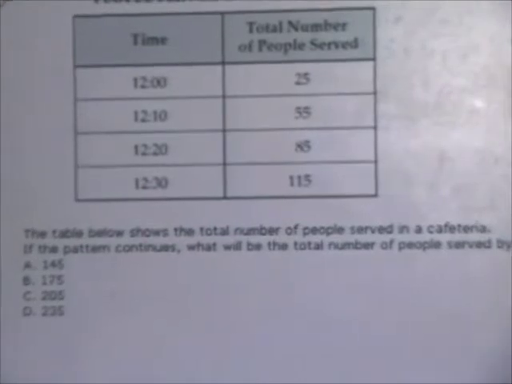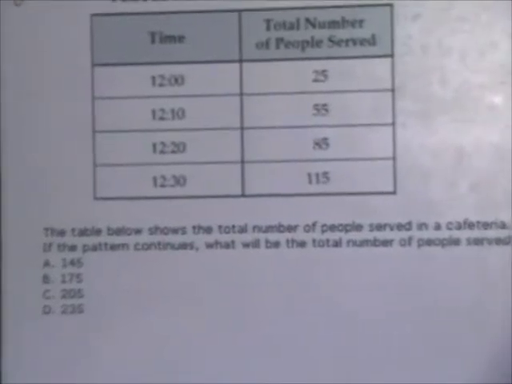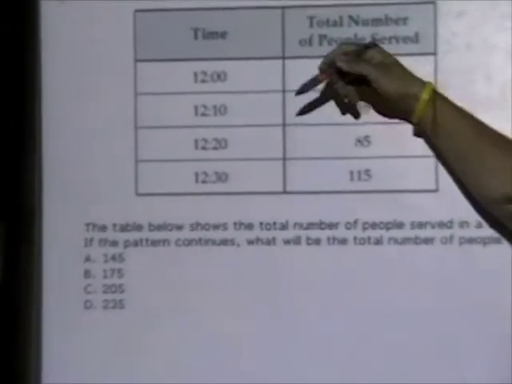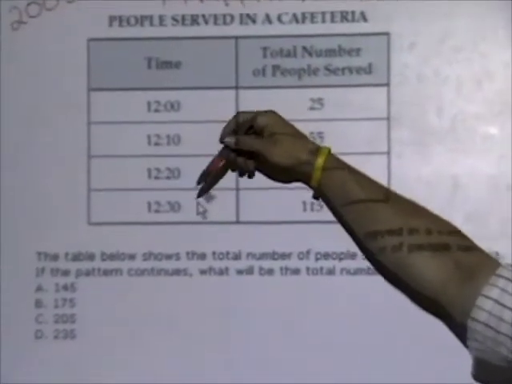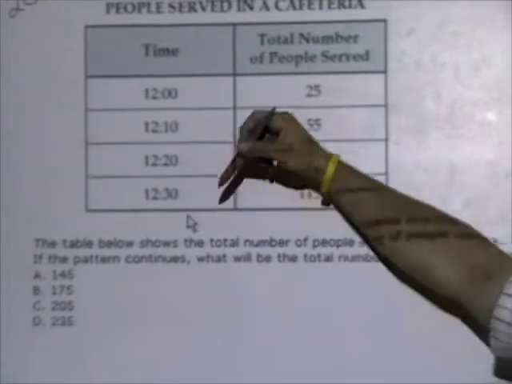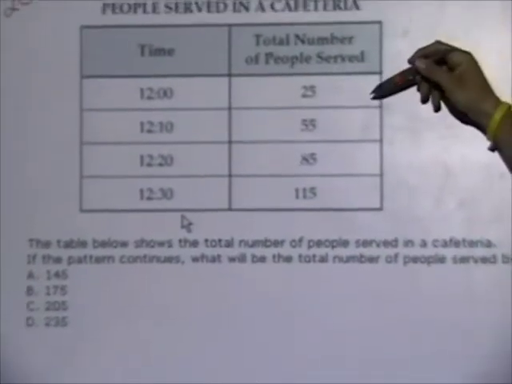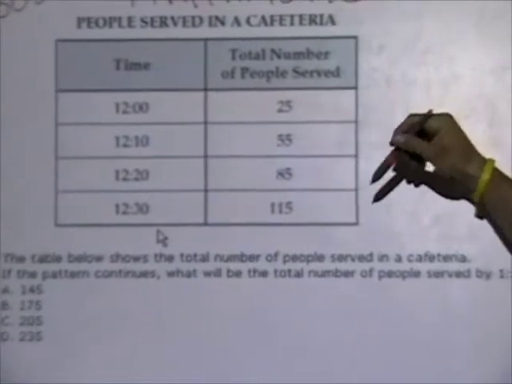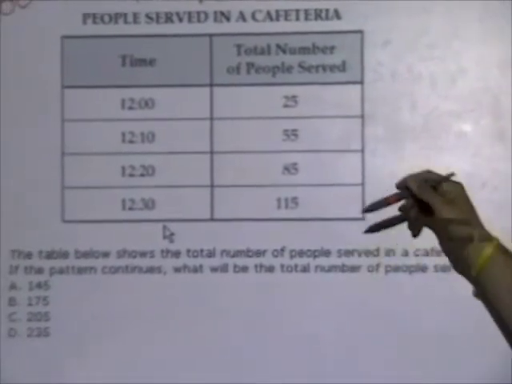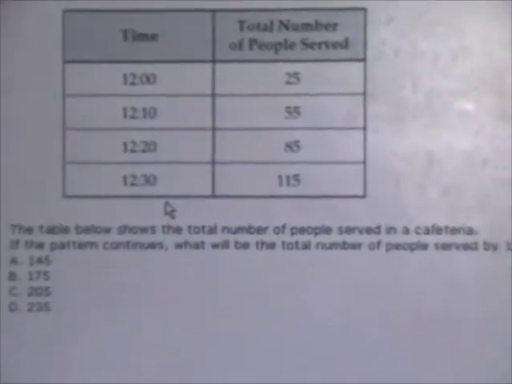If the pattern continues, what will be the total number of people served by 1 o'clock? Well, the first thing we know is that if this is increasing by 10 minutes, we need to go down every 10 minutes until we get to 1 o'clock. So then we'll take the table and we'll find out if it has a constant rate of increase or decrease and use that number to go down to 1 o'clock as well.